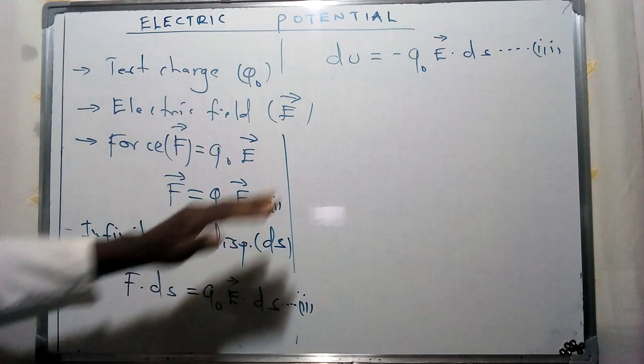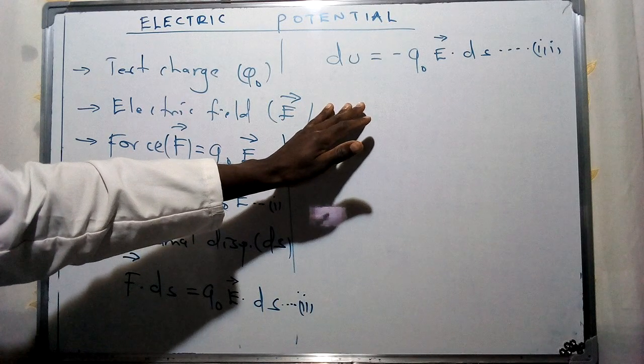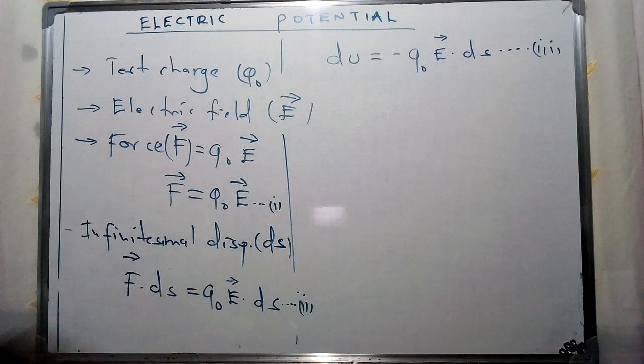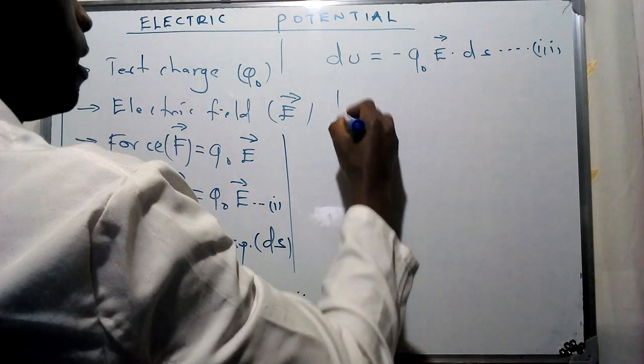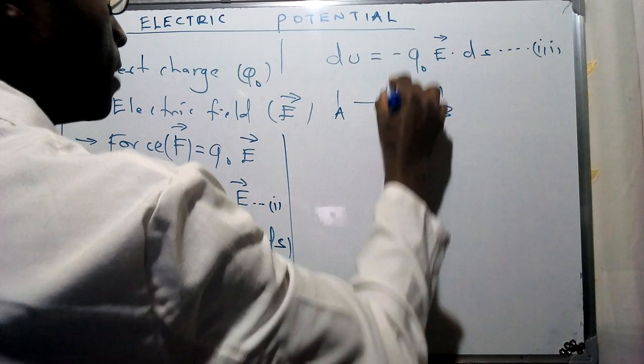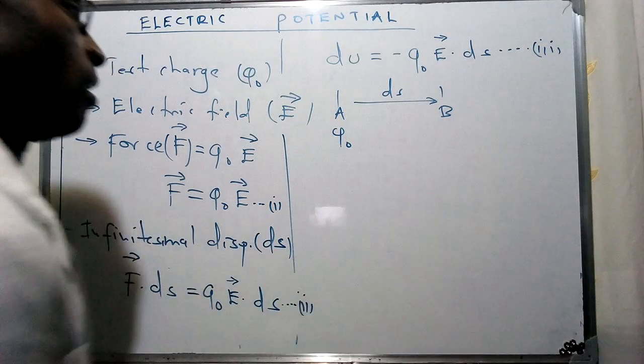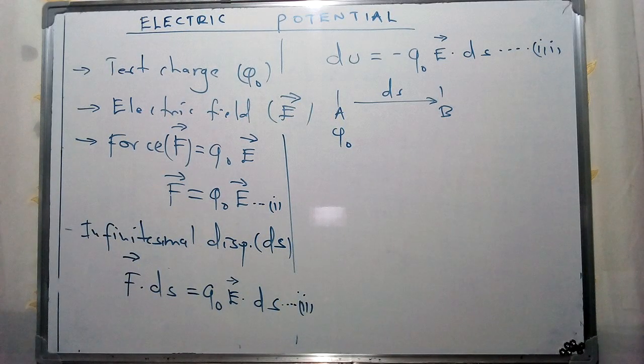Now we're going to see that it is going to be a small change in potential energy for an infinitesimal displacement of this specific charge, and we're going to consider perhaps a displacement from a point A to B of this charge. Let's give it as Q naught for that small illustration.